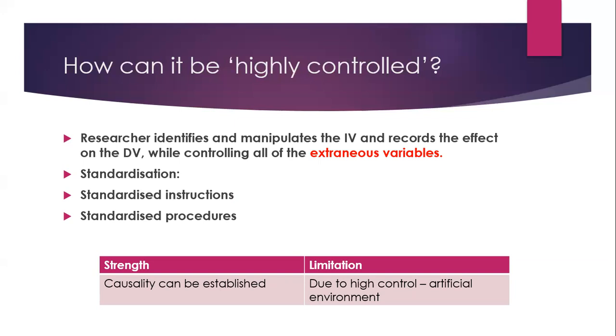Another issue that I suppose we could bring in here as a limitation is that there are going to be demand characteristics, because when participants are in a laboratory experiment, they know they're in a laboratory experiment. So that means they might alter or change their behavior because they think they perhaps need to act in a certain way, or they might consciously change the way they behave so that they come across in a better light.